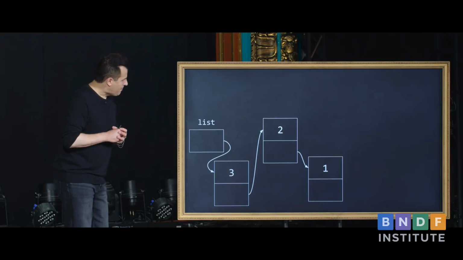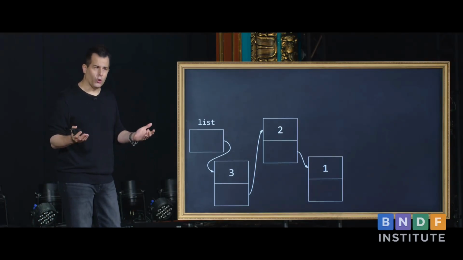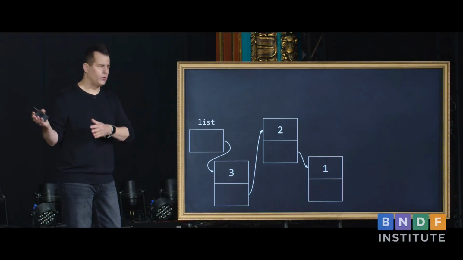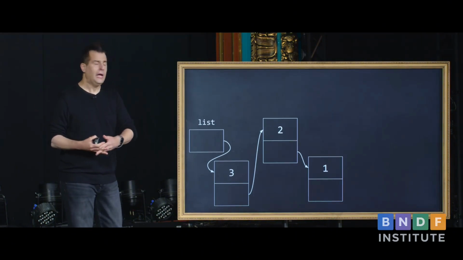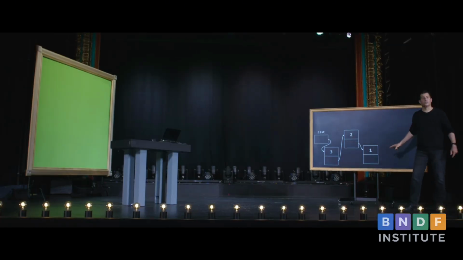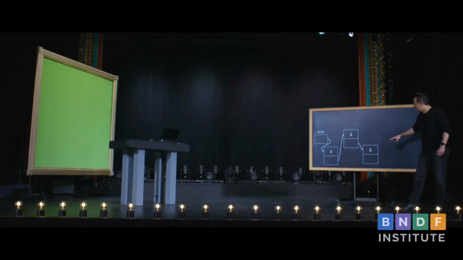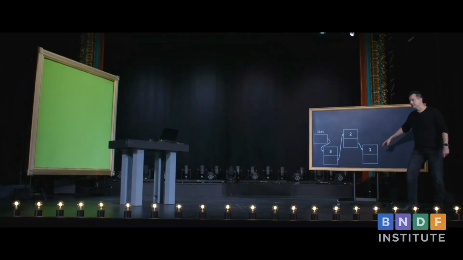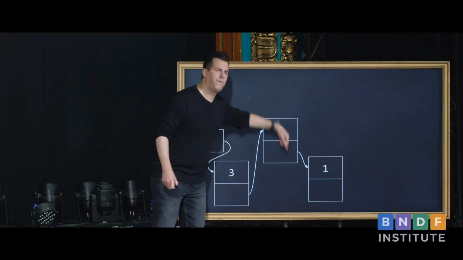But notice what has happened. If I care about maintaining these elements in sorted order, say in increasing order 1, 2, 3, I've accidentally built this linked list in reverse order. Now, obviously, our human eyes can easily see that you could just traverse the list in the opposite order. But that's not good enough, because how do you get to this last element of the list? Well, you have to start at the beginning and follow the arrow, follow the arrow, follow the arrow.